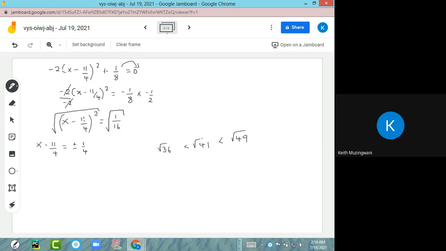This is 6, this is 7. So this number is 6 point something. So we use it as 6 point something. We have not guessed. We have approximated.